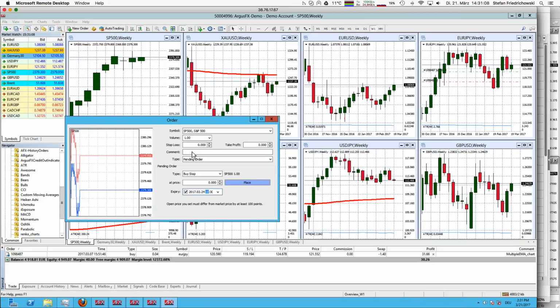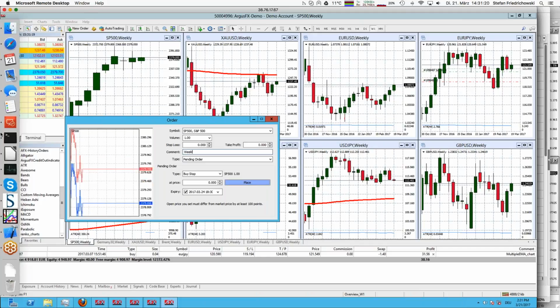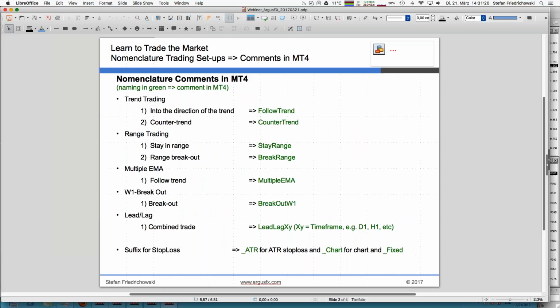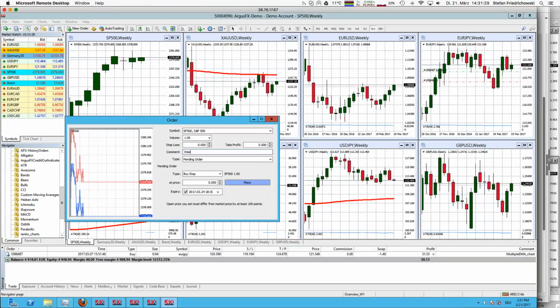So the comment of the trade is weekly. No, I have to look. Sorry, don't make a mistake here. Let's have a look. So it's breakout W1. So now we have it. It's breakout W1, and stop loss in this case is fixed because we use a fixed rule for calculating the stop loss.